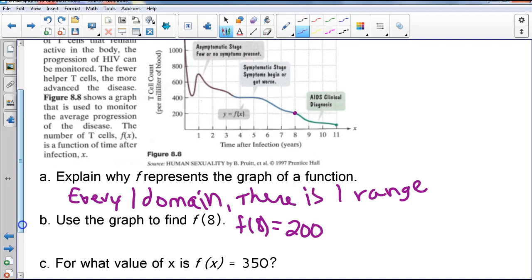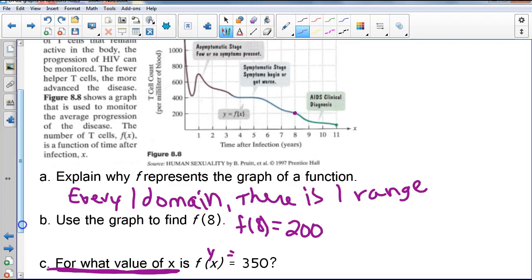For what value of x is f of x 350? This is telling you find x. Make sure you read the directions if you're not sure which one you're solving for. This one says find x when f of x, so this means y, when y equals 350. So find 350, here it is, and then you look across.